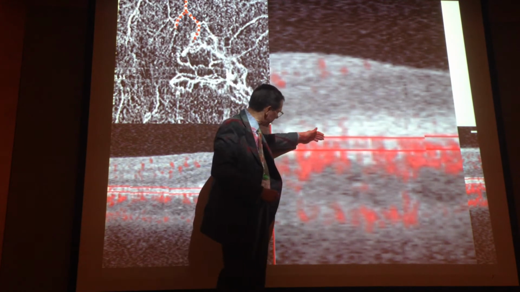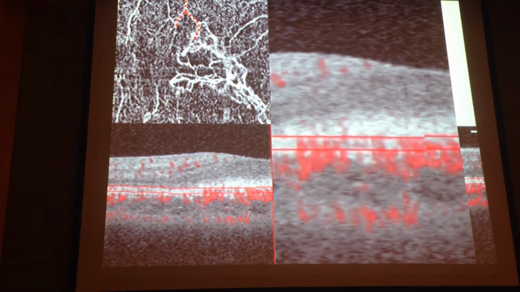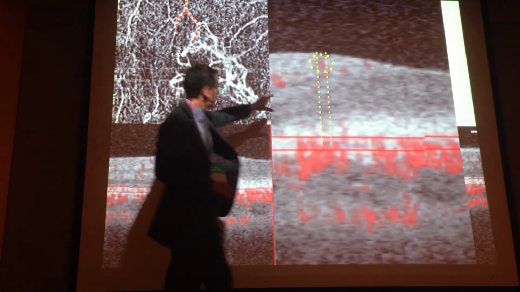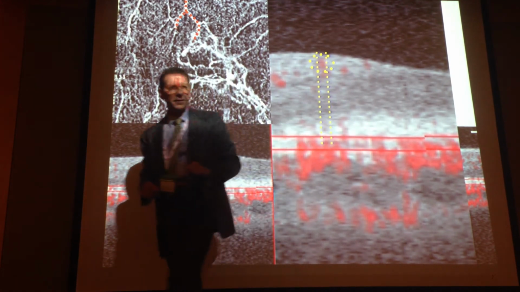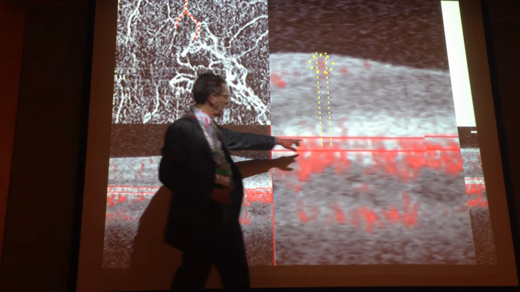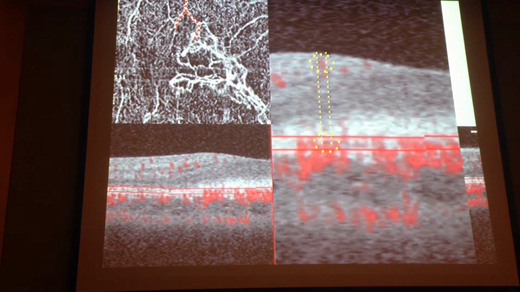So you see that you have some projection effect also here from the choroidal neovascularization. But if you look at the vessels there, you see that all of a sudden the red is not evident here, and then it reappears over here. You see?